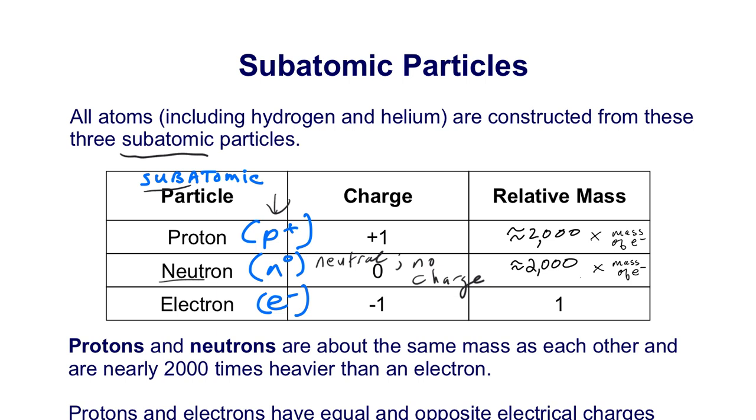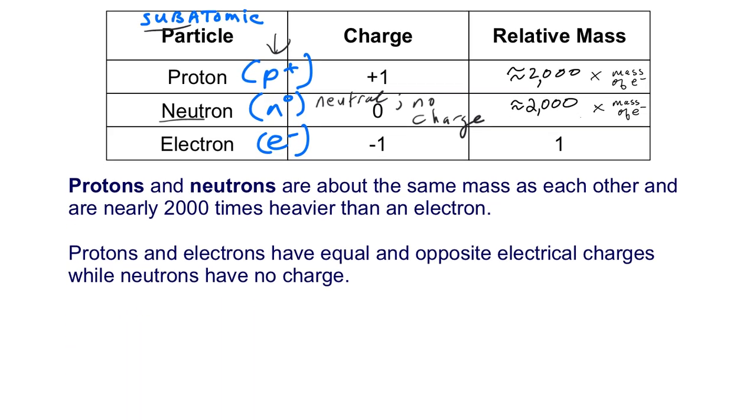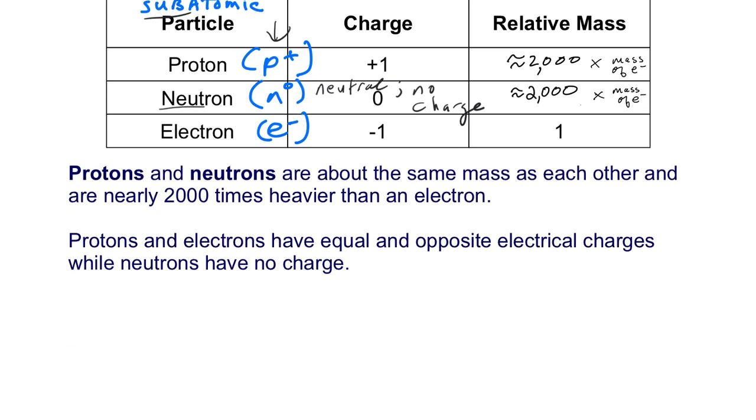Okay, electrons hardly have any mass at all. Protons and neutrons are 2,000 times more massive. So electrons are hardly any mass compared to the proton or neutron.